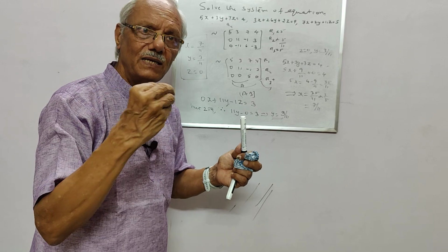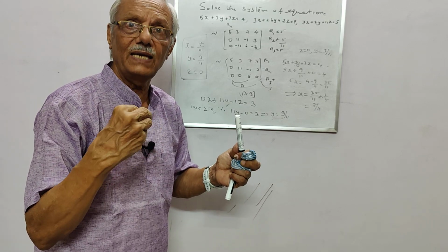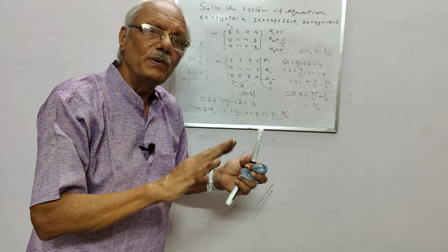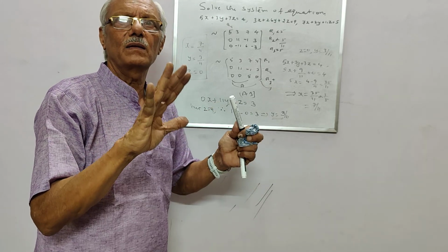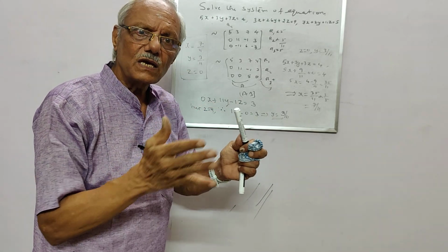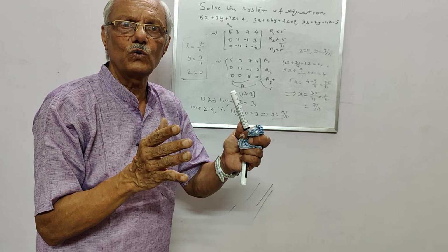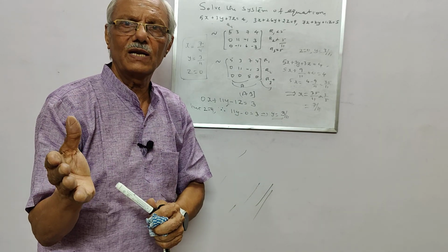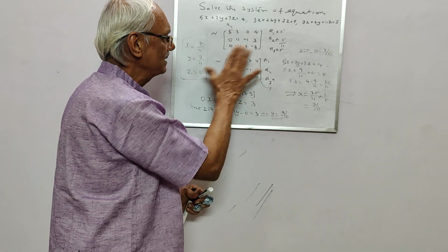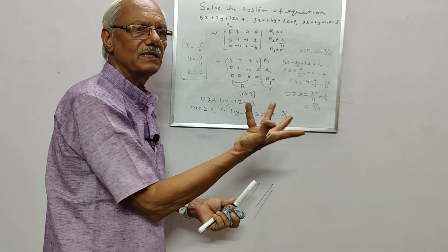But the method I teach you is that you get the upper triangular matrix and just count the number of non-zero rows, which will give you the rank of the matrix. Once this is done, solving the problem is easy.